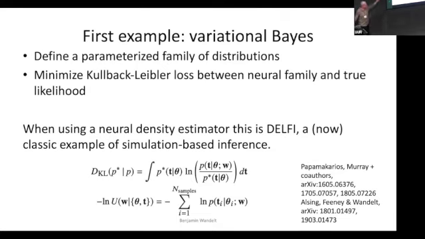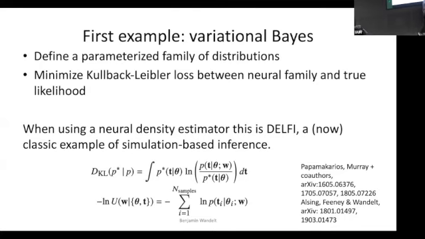And I already gave it away. What's new is that we can write down much more general families now than we could before because we have neural ways of encoding them. So, for example, when using a neural density estimator, I'm writing down this loss here. This is the Kullback-Leibler divergence between two probability distributions.